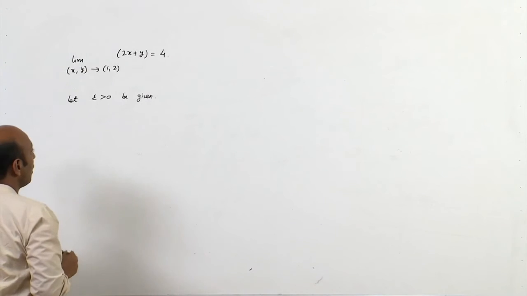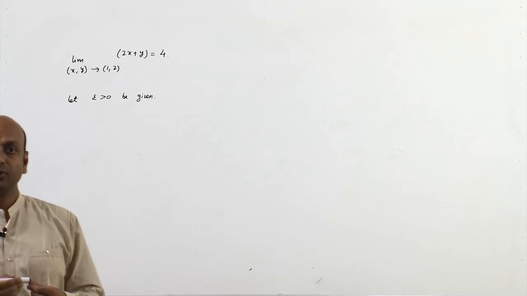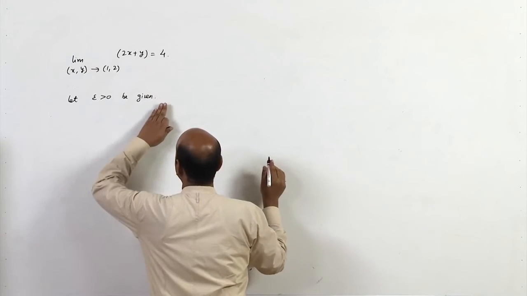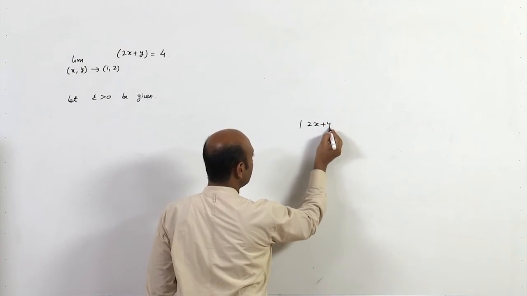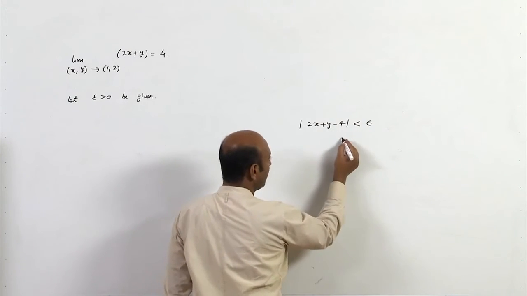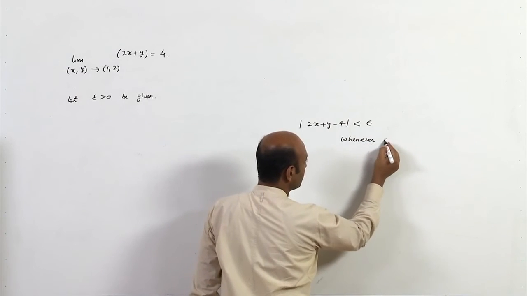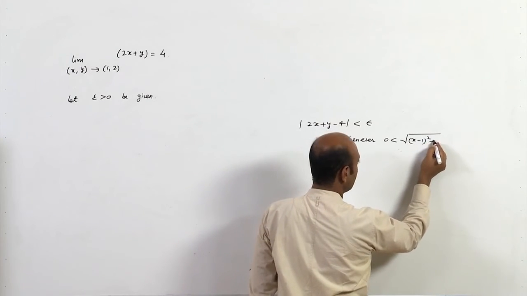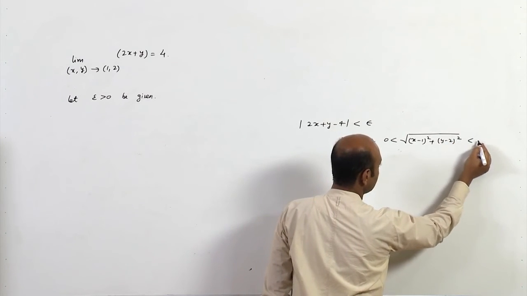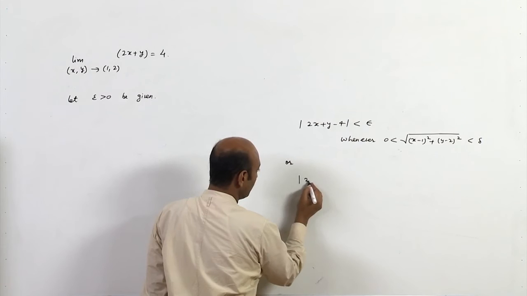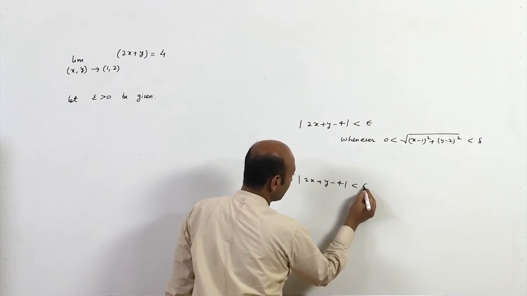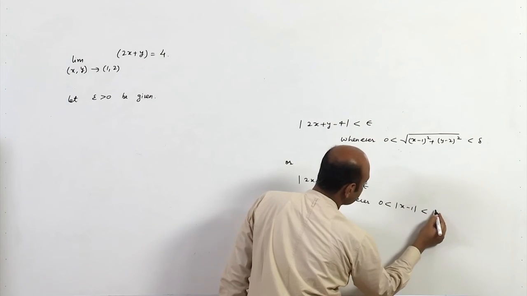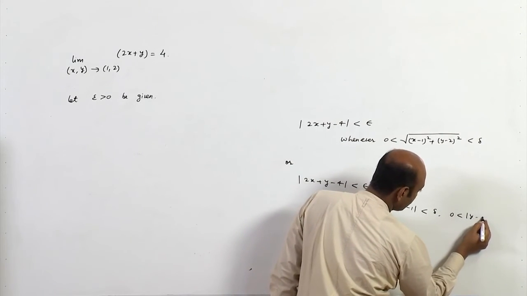Now, again we have to show the existence of a corresponding delta greater than 0 such that mod 2x plus y minus 4 is less than epsilon whenever 0 is less than under root (x minus 1) whole square plus (y minus 2) whole square less than delta, or mod 2x plus y minus 4 less than epsilon whenever 0 is less than mod x minus 1 less than delta and 0 is less than mod y minus 2 less than delta.